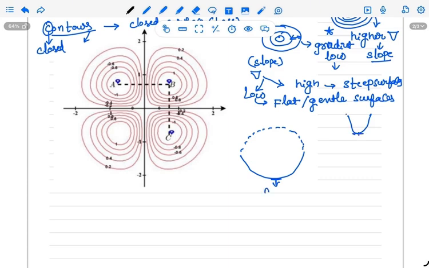So at the minimum value, when moving outward, the arrow represents increasing. What is increasing? The loss value is increasing. So when we move outward in a contour, its loss value is increasing. It is a minimum value.